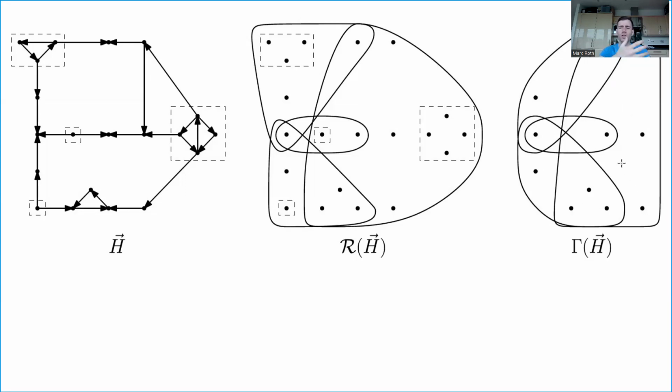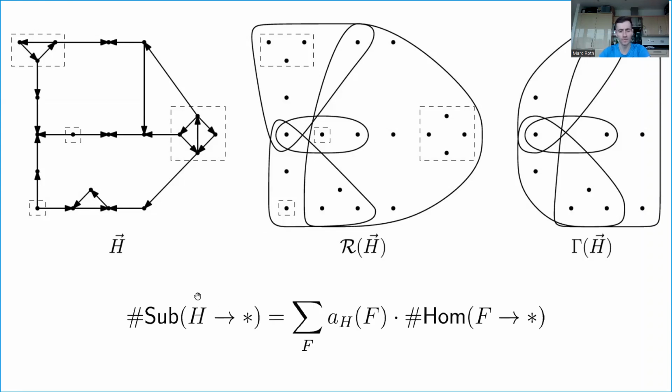If you don't know what fractional edge cover number is, it's a well-established invariant on hypergraphs, and it applies here. But again, we only use it as a black box. Okay, and what we then actually show is that if our graph H has small fractional cover number, then all terms that survive into the homomorphism linear combination will have small fractional hypertree width. So this is the main technical point of our algorithm.